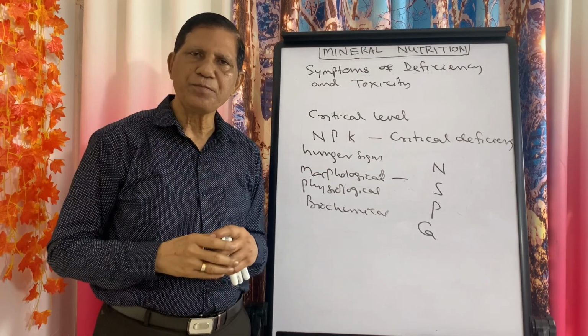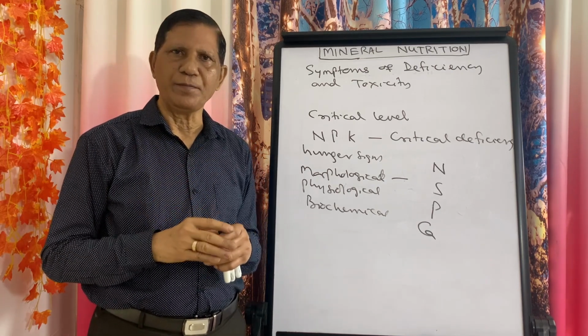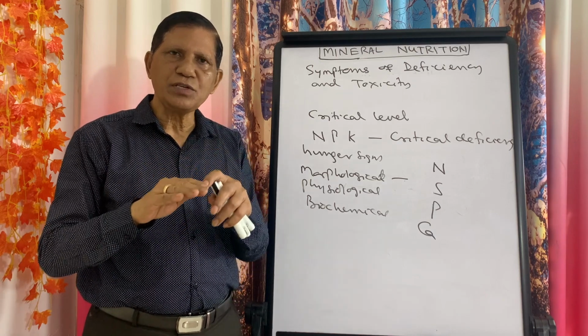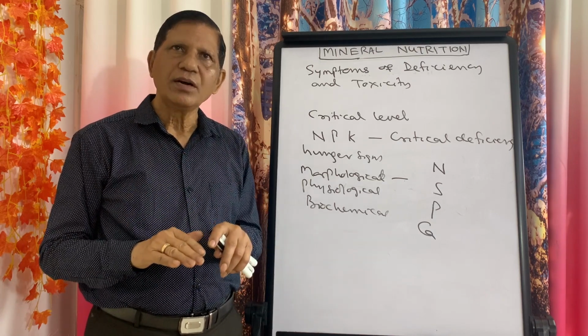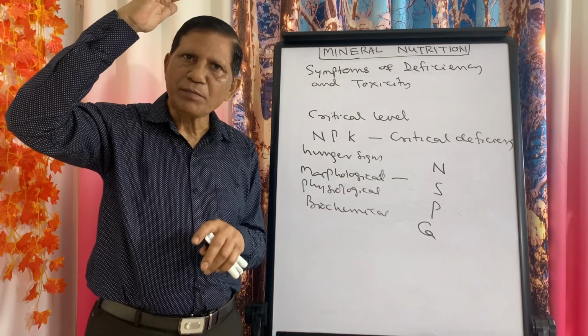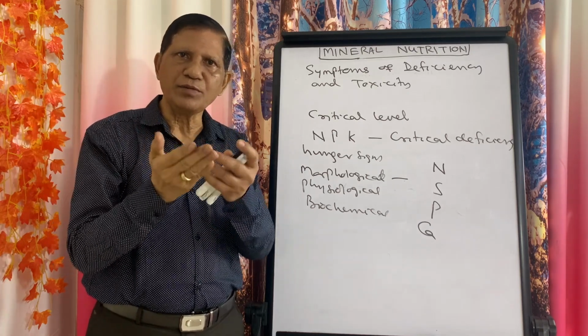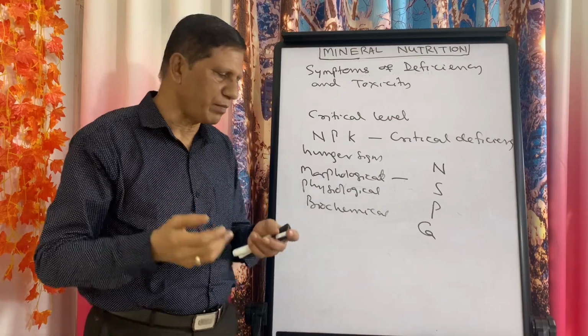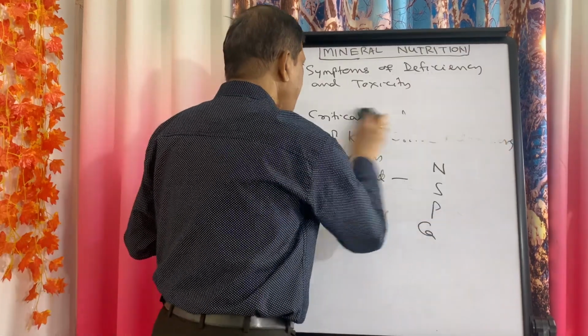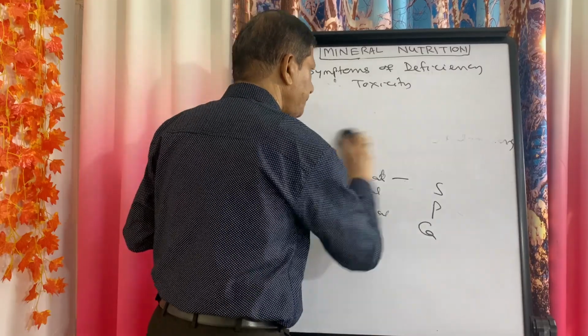So if there is some deficiency of a mobile element, the symptoms will be observed first in the older and senescent parts. This is very important from the examination point of view.